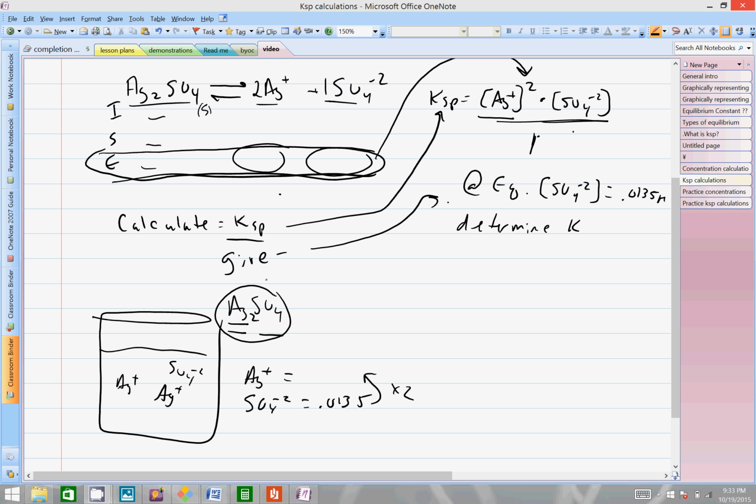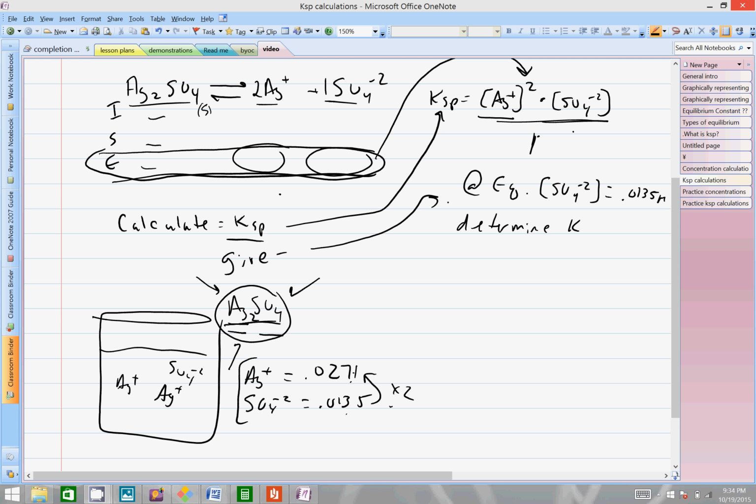But in this case, because we're dissolving this item, that locks these 2 concentrations at a 1 to 2 ratio, and therefore this one is 0.027. Again, the only reason it's a 1 to 2 ratio is because I'm dissolving this item. So at this point, I have both my concentrations.